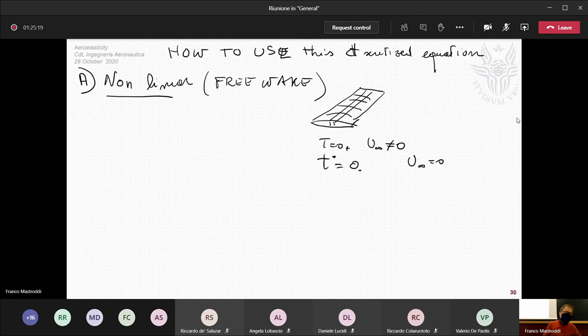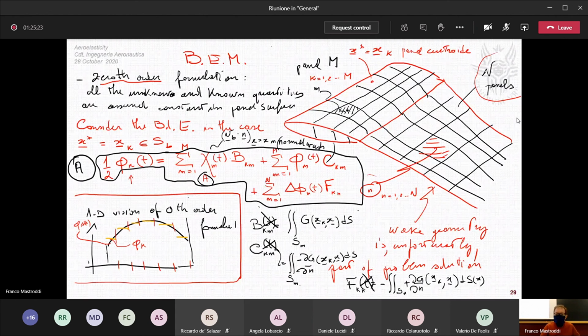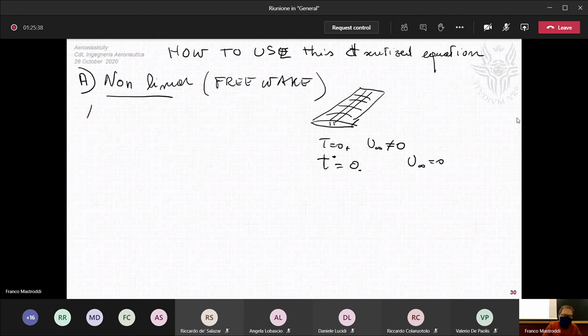In this initial time, you have this integral equation without the wake term. You don't have the wake. So look at this equation. This equation is just an algebraic equation. At t equal to 0, you have 1/2 vector phi, vector in quote.